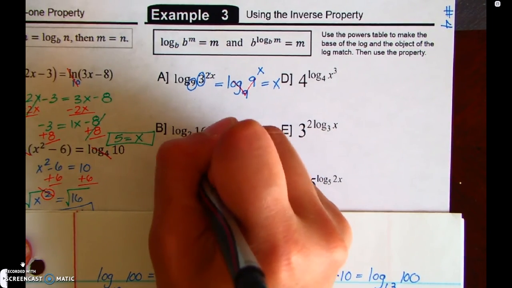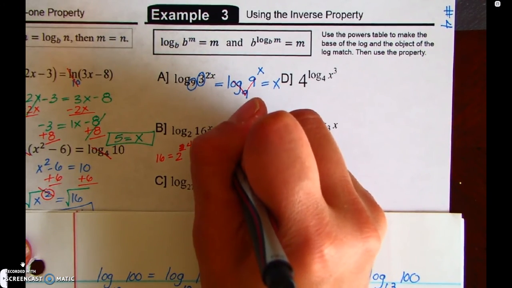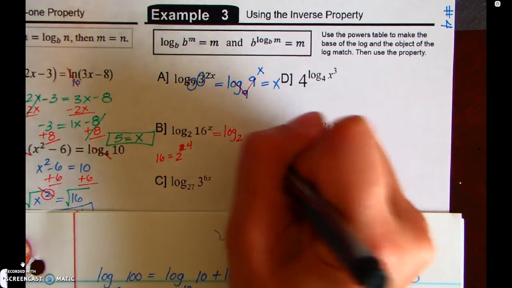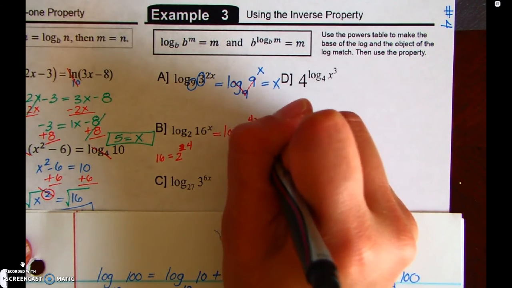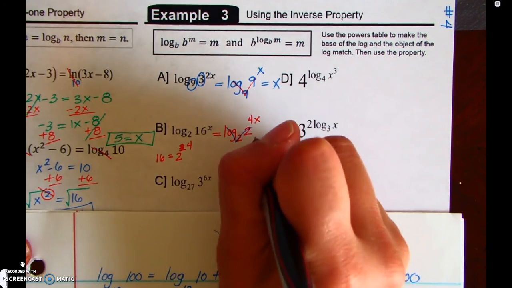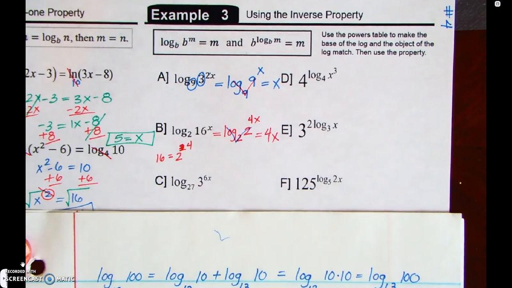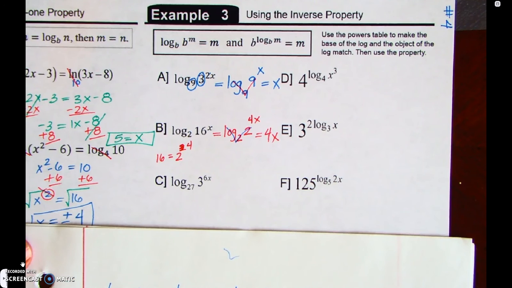Let's try one more time. 8 times 2 is 16. So I can write this as log base 2 of 2 to the power of 4 times x. Now that I have the same bases, they can cancel each other out, and I'm left with 4x as my final answer.